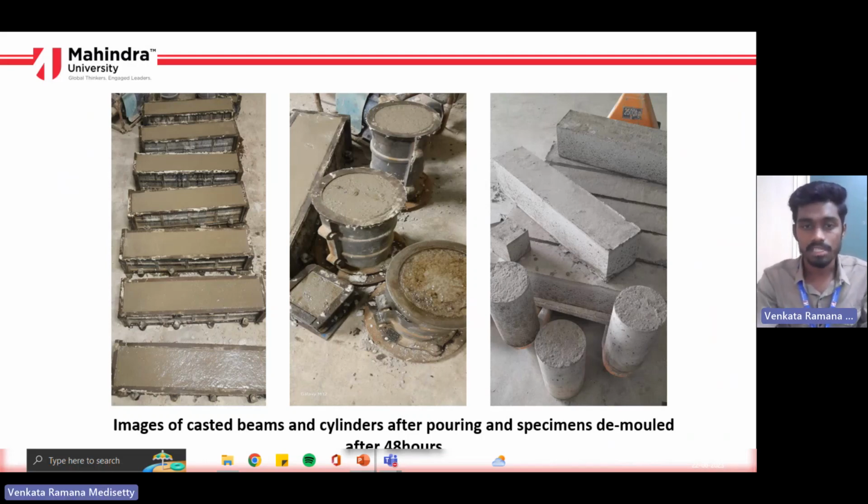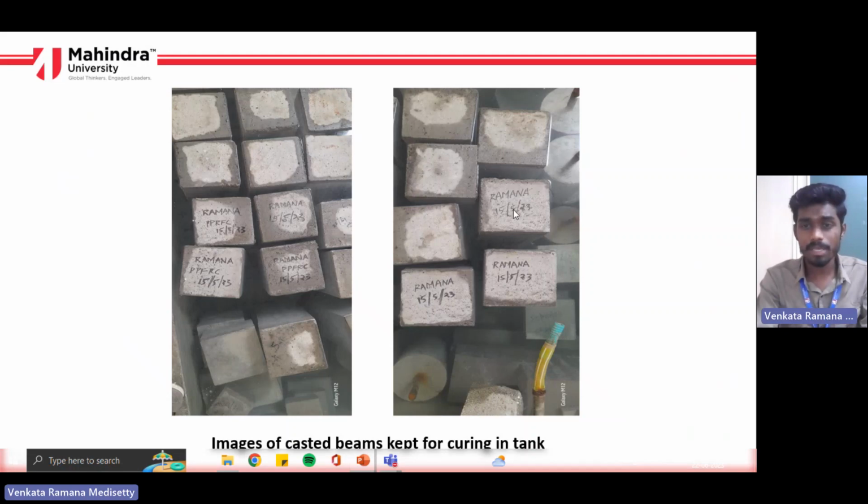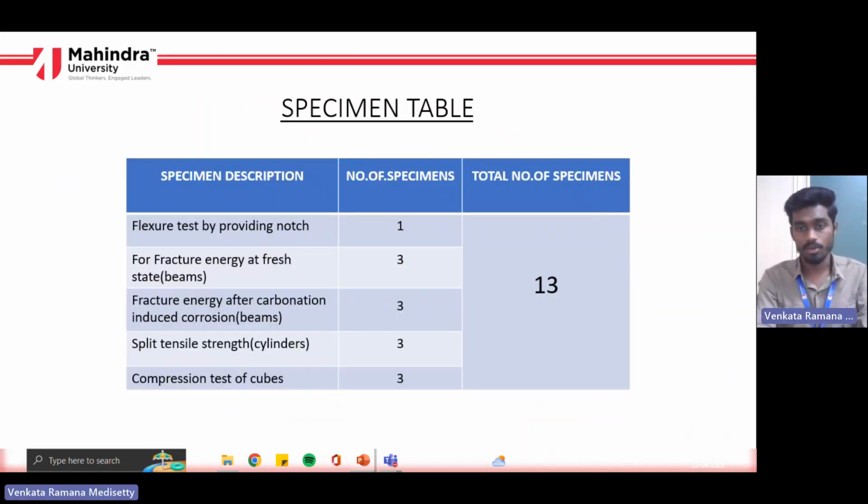As you can see, 3 cylinders, the extra volume put in a cube, and the remaining 7 beams cast. And then the beams were kept in the curing tank for almost 28 days. So I had to cast a total of 13, including original and trial mix. One beam extra, and 3 beams for flexural test purely, and 3 cubes cast for compression, 3 cylinders cast for split tensile.